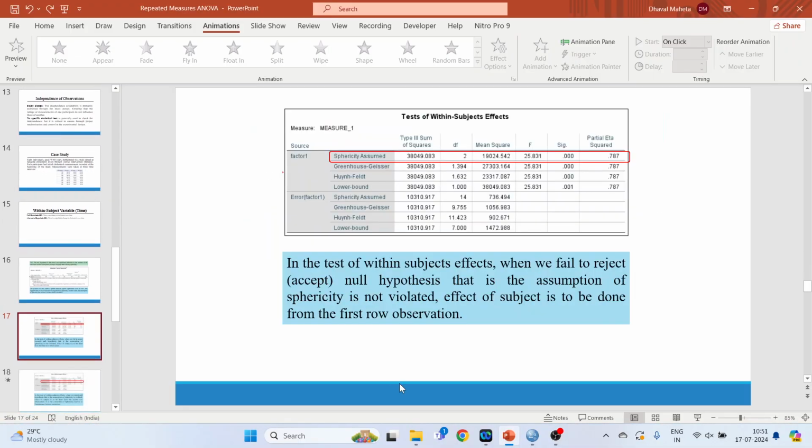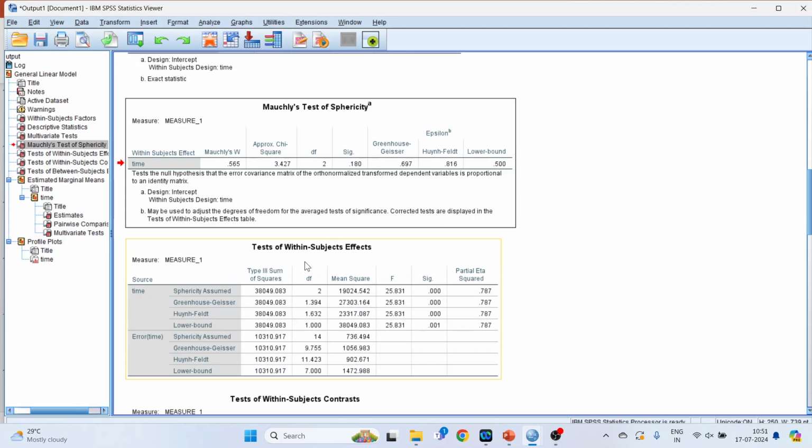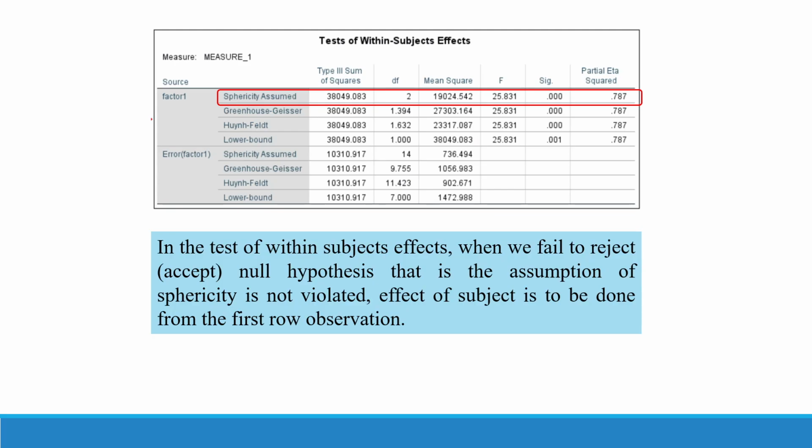This table, you will get it from here: Tests of Within-Subjects Effects. Right click, copy, and let's do the interpretation. Sphericity Assumed.